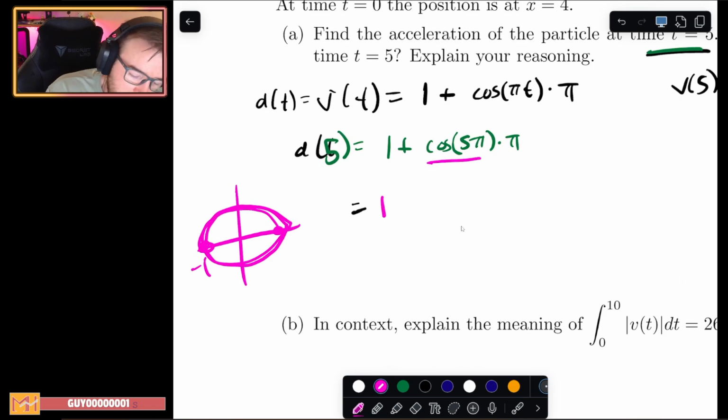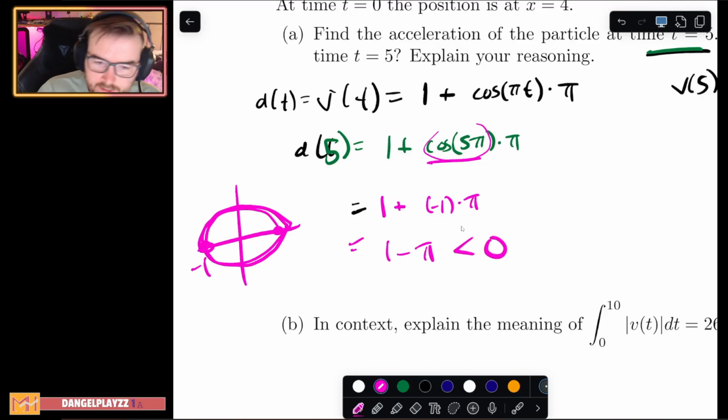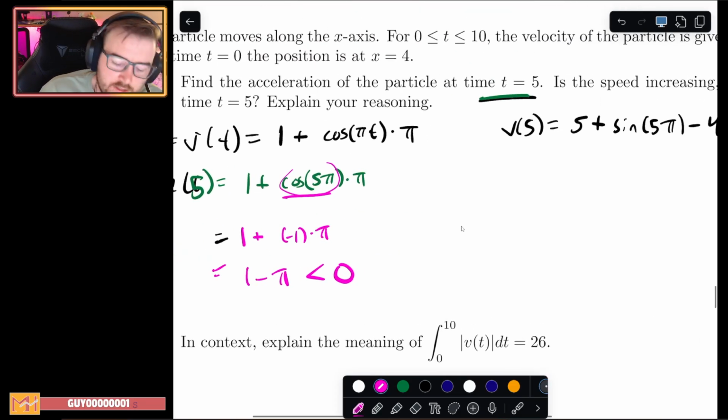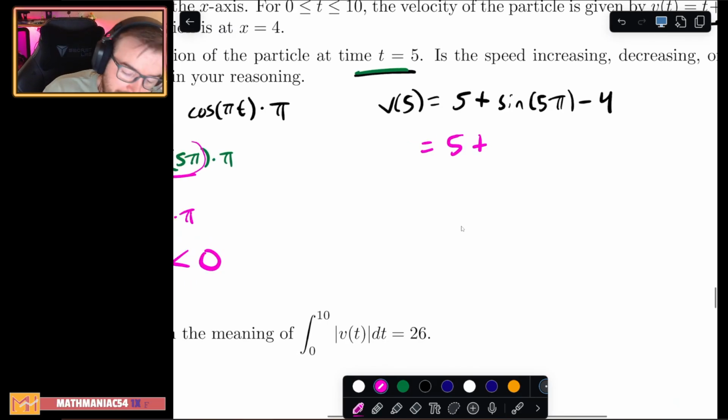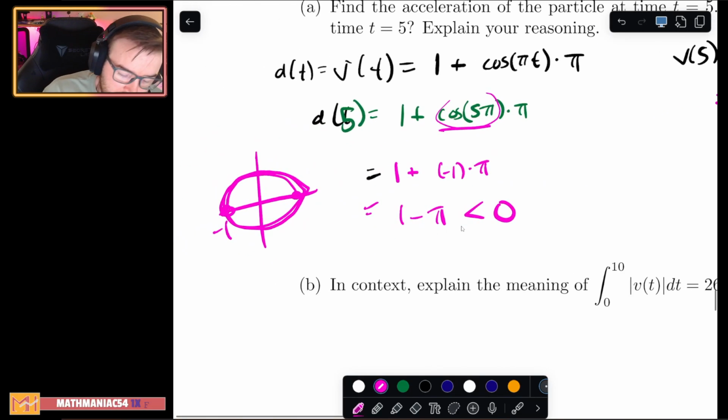So this is 1 plus -1 times pi, or as I like to say, 1 minus pi, which is less than 0 because pi is just call it 3. 1 minus 3 is certainly negative. Over here, 5 pi is the same angle, but sine is 0.